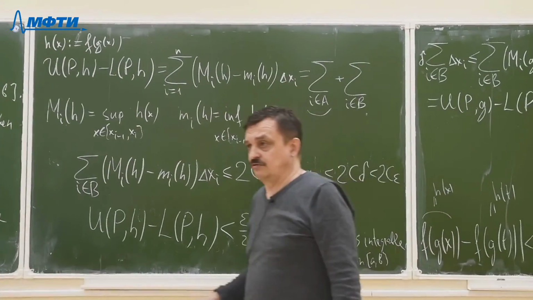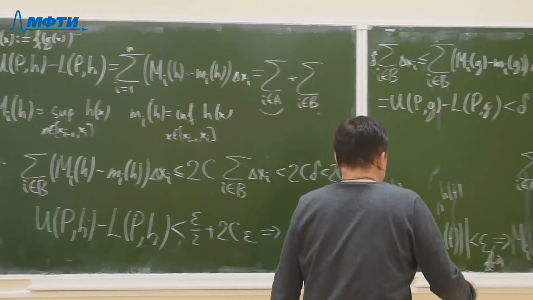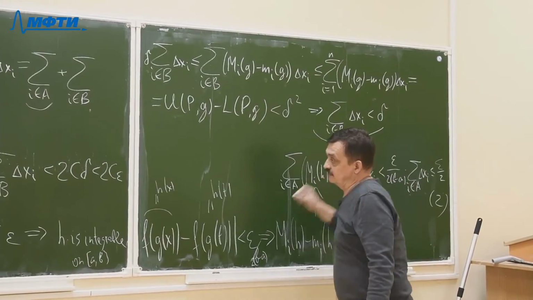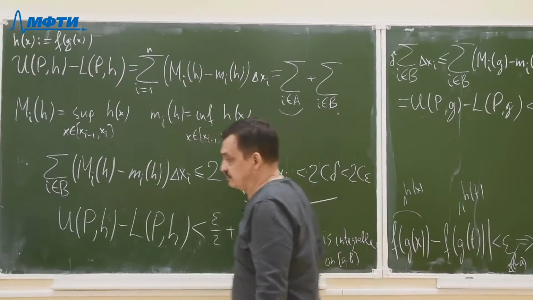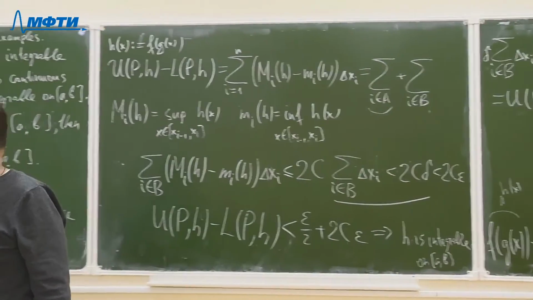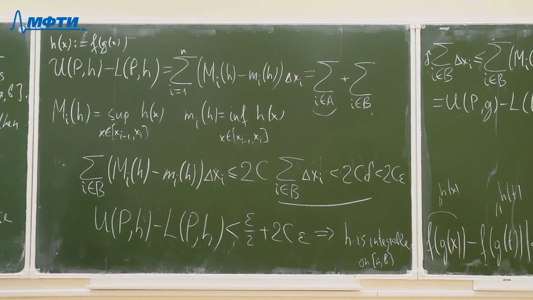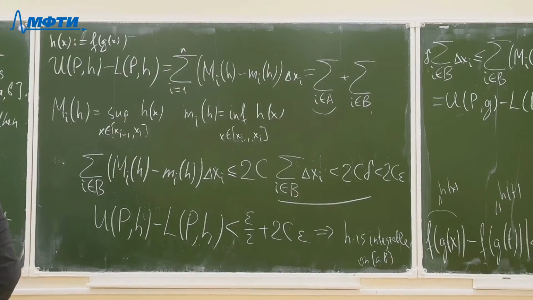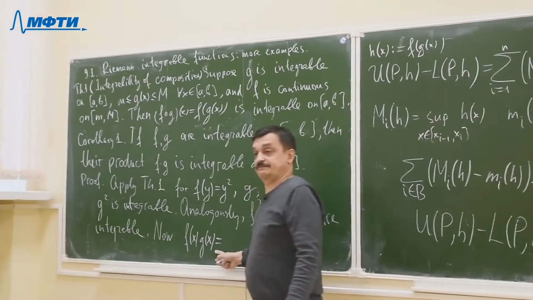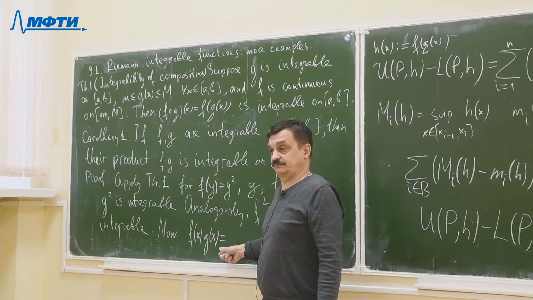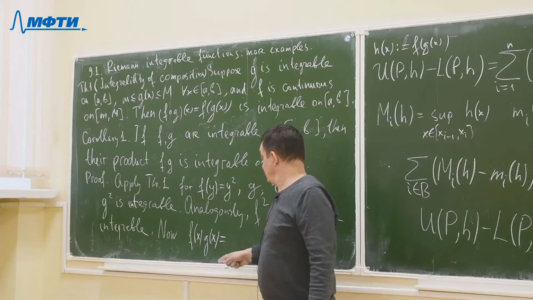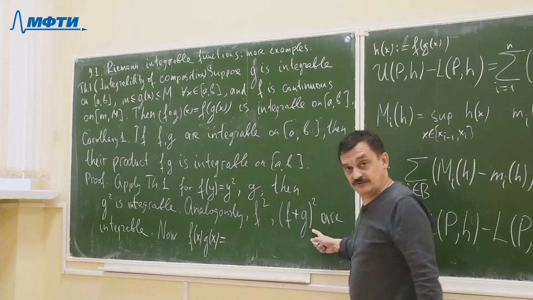There was a question why we need to know why this sum is less than delta. It is used here, right? So it was necessary for that. Okay? So f of x times g of x, return to this, with the help of those squares.